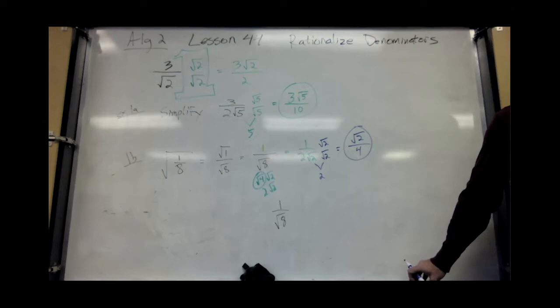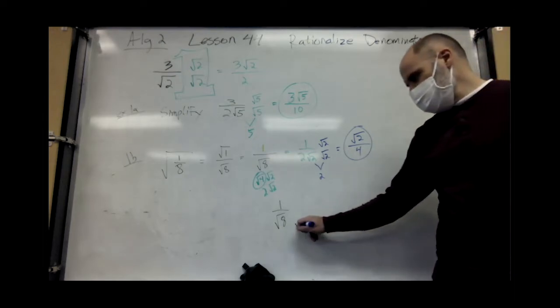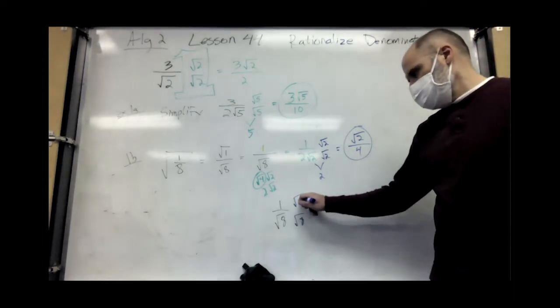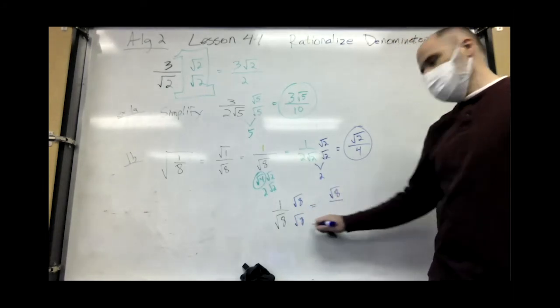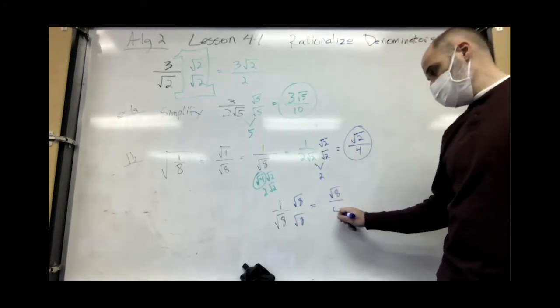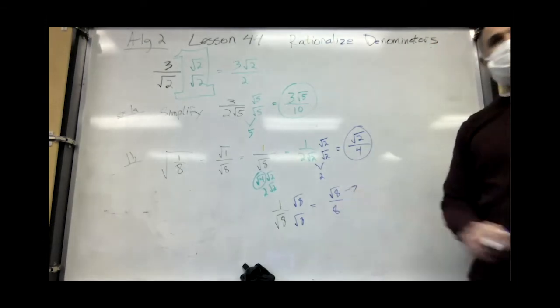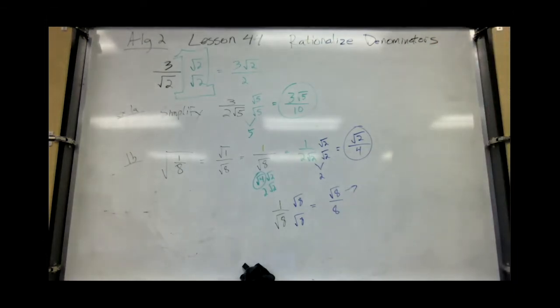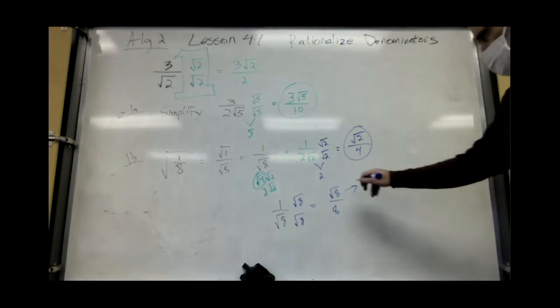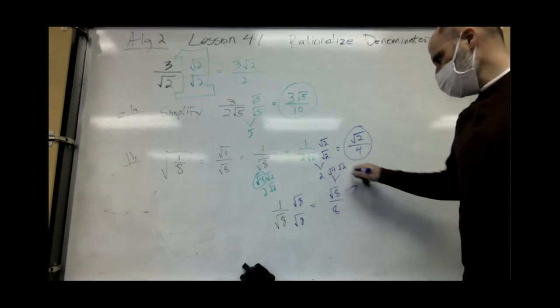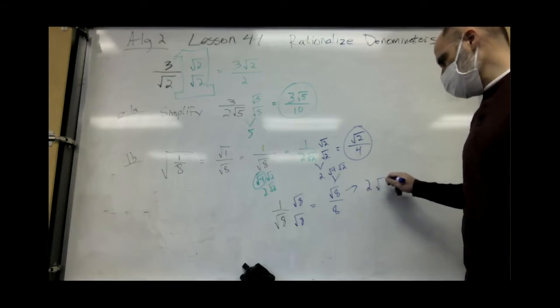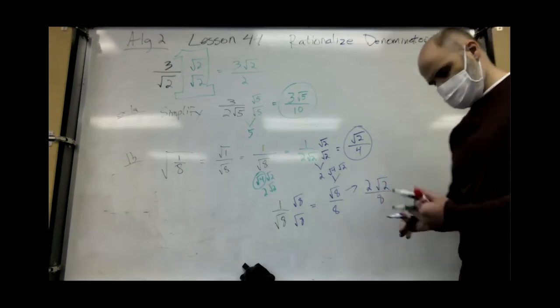Yep, multiply by radical 8. Nothing wrong with doing it this way. So then you get radical 8 over 8, right? And then you have to deal with that radical 8. So how does that reduce? So that's radical 4 times radical 2. So that's just 2 radical 2 over 8.